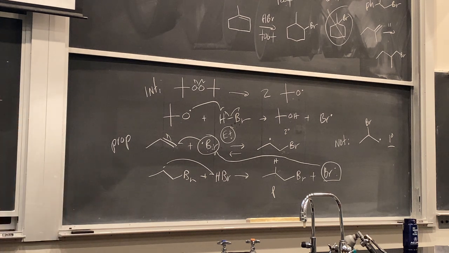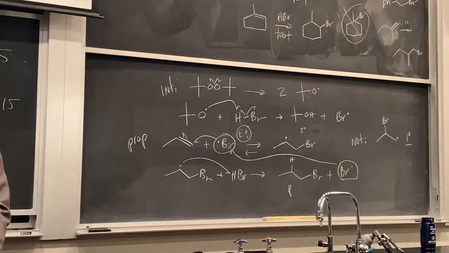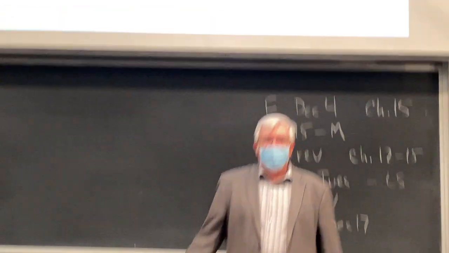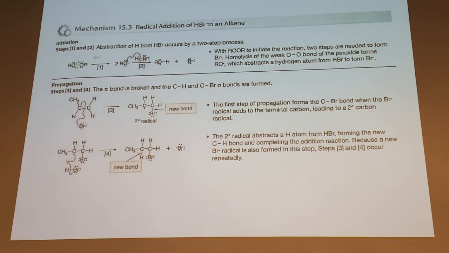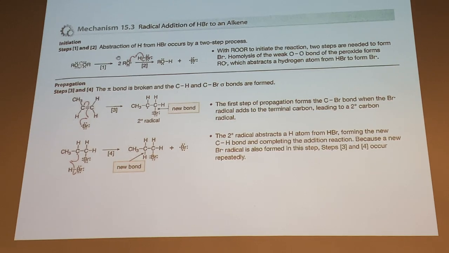Anyway, let's go to the overhead here. The book has their mechanism. I like to compare what's shown in the book, make sure we got that. So yeah, the initiation process here is a two-step thing now. The peroxide bond is homolytically broken, creating the oxygen radicals there, and then that abstracts a hydrogen atom from HBr to give the bromine radical and the now stable tert-butyl alcohol.